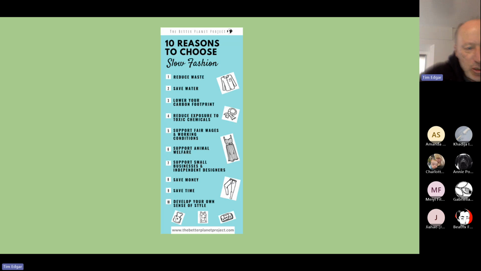Ten reasons to choose slow fashion. Reduces waste. So slow fashion, we're talking about higher quality garments. The big issue really is that slow fashion costs a lot more than trying to get the public to buy better quality clothes, which they care for better and keep for longer.